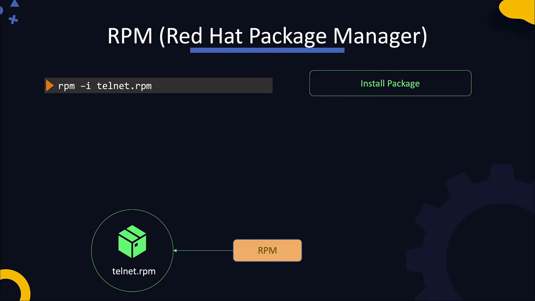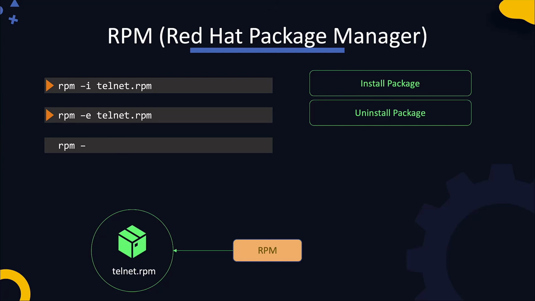To uninstall a package, use the -e option, and to query the database and get details about an installed package, use the -q option. So RPM requires you to point it to the exact location where the RPM package is available. You then install that package on the system.